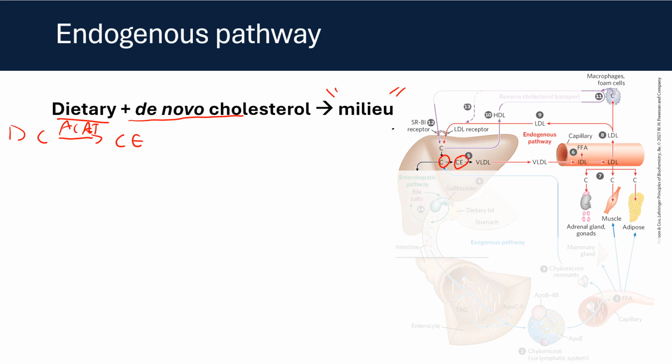What the liver is going to do next is take the cholesterol esters, combine them with some triglycerides, TG, and then package them into VLDLs.